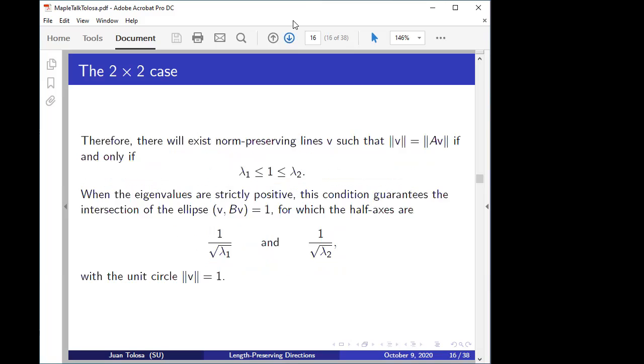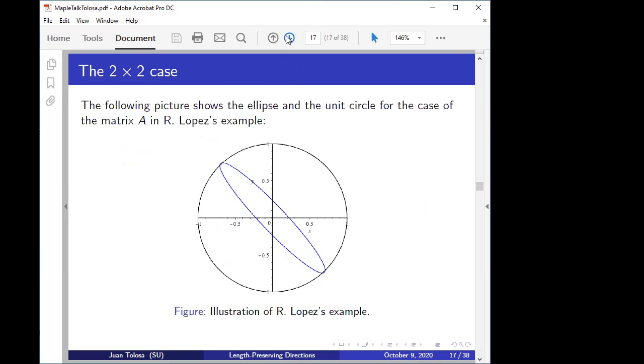Therefore, we will have solutions only if the number 1 is between these two values. Geometrically, if the eigenvalues are strictly positive, then the set where V dot BV equals 1 is an ellipse, and the half axes are given by 1 over the square roots of the eigenvalues. We will have solutions only if the corresponding ellipse intersects the unit circle.